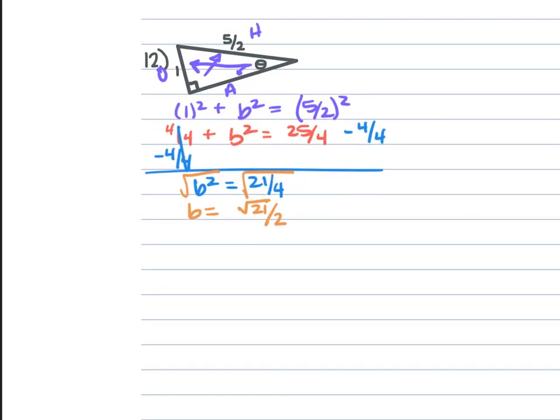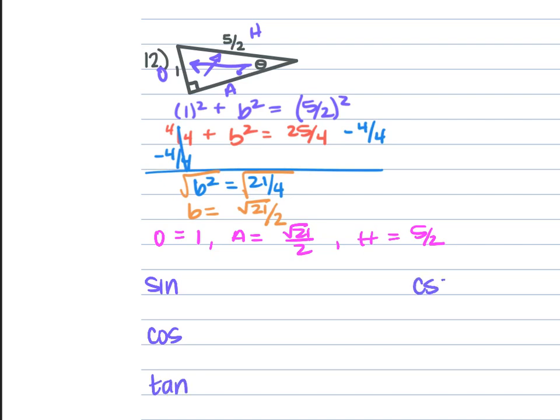So our opposite is 1, our adjacent is the square root of 21 over 2, and our hypotenuse is 5 over 2. Our sine, cosine, and tangent we're going to find, as well as our cosecant, our secant, and our cotangent.